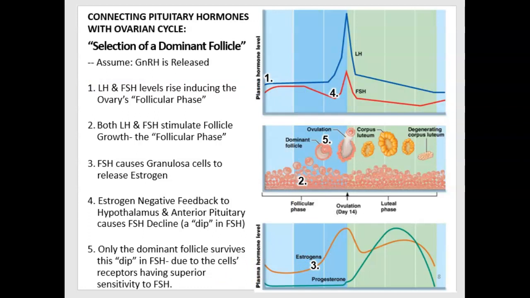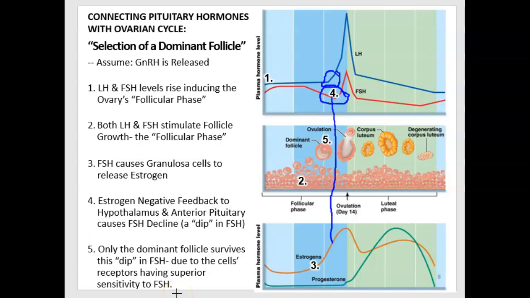So in response, if you see that we've got estrogen pretty high right here, not as high as it could be, it's going to cause a dip in both FSH and LH. It's really FSH that makes the biggest difference.